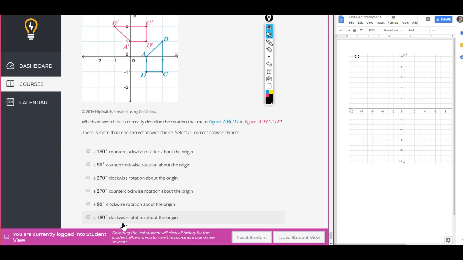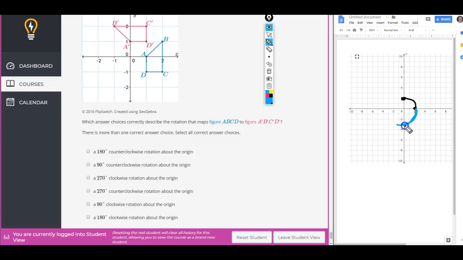Okay, so I'm going to think back. Counterclockwise rotations always match up with a clockwise rotation. If I were to start here at this point and rotate it 90 degrees counterclockwise, how many degrees would I have to go clockwise?